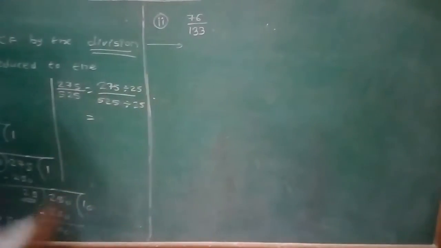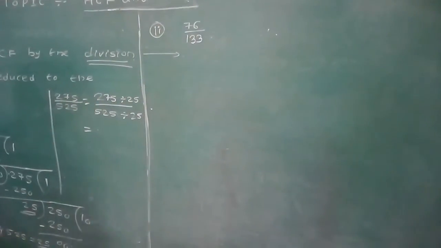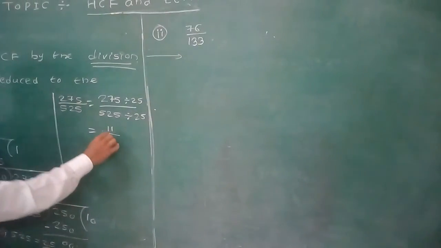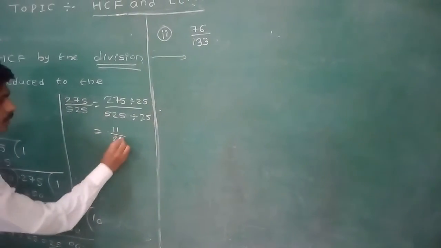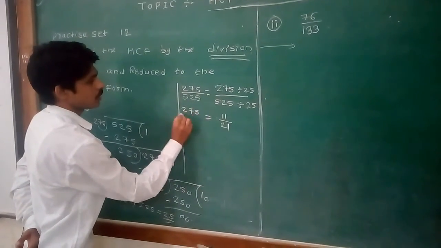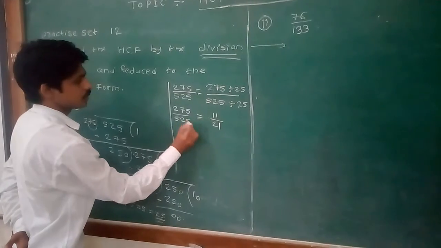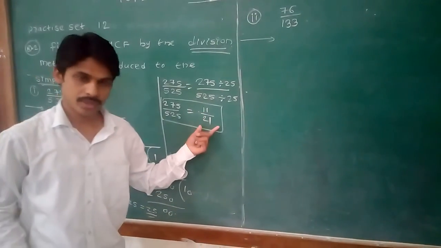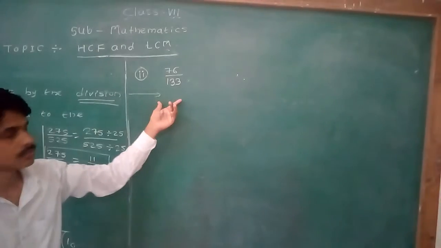By dividing by 25 we get 11 and 21. Therefore the simplest form of 275 upon 525 is 11 upon 21.